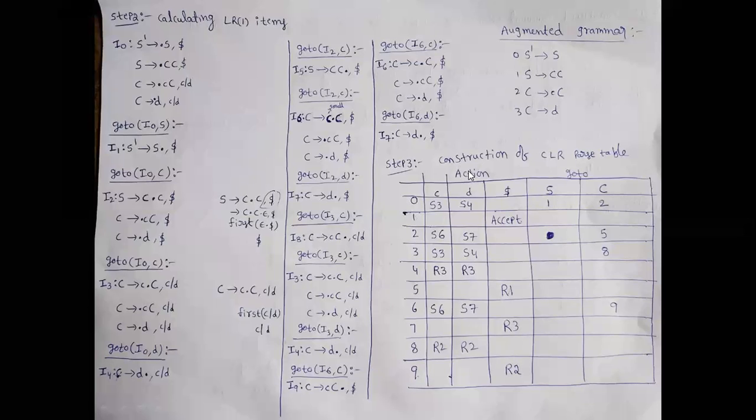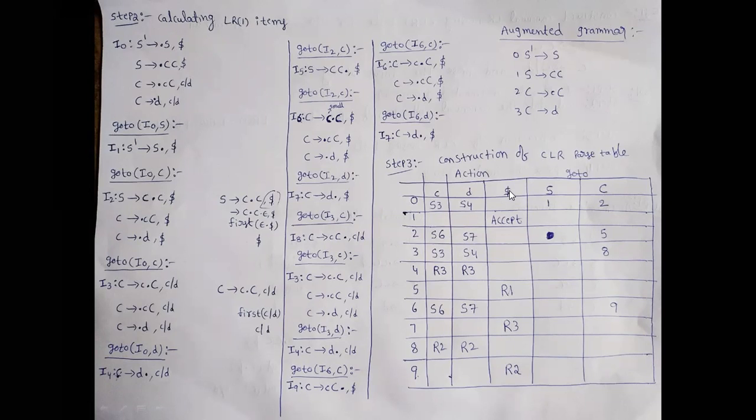Then action means we perform it only on terminals. What are the terminals present in our grammar? In our grammar, small c is a terminal, small d is a terminal, and finally dollar is another terminal, because we add dollar at the end of the string.